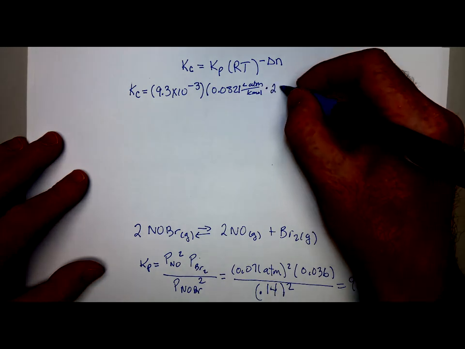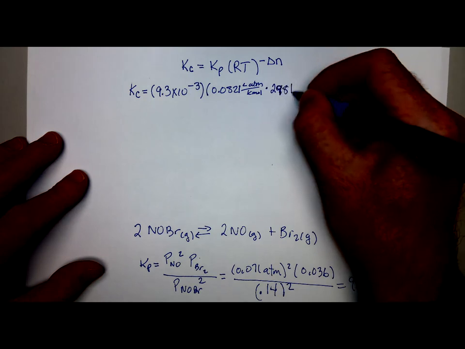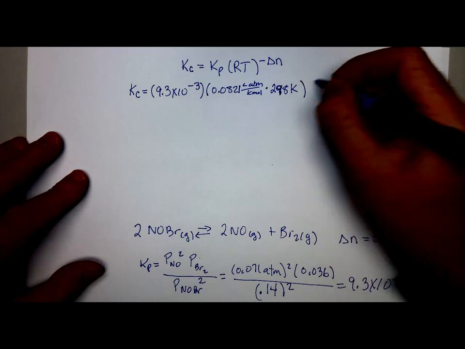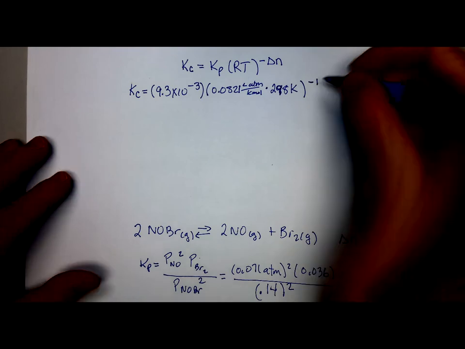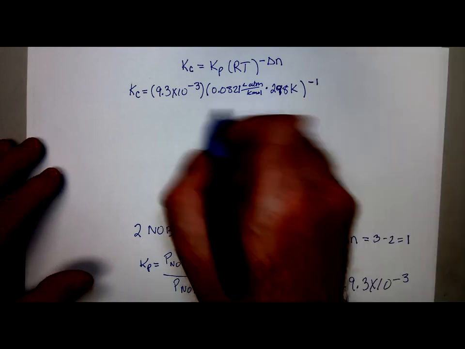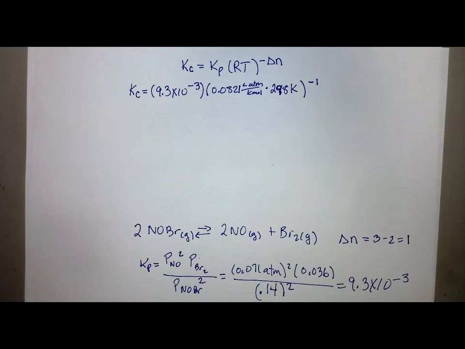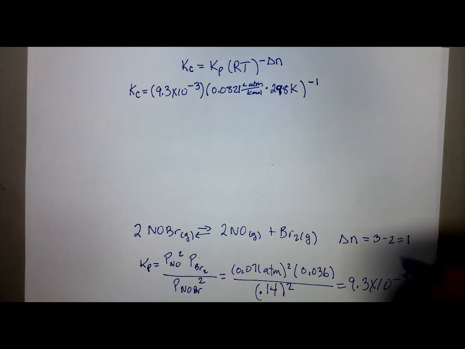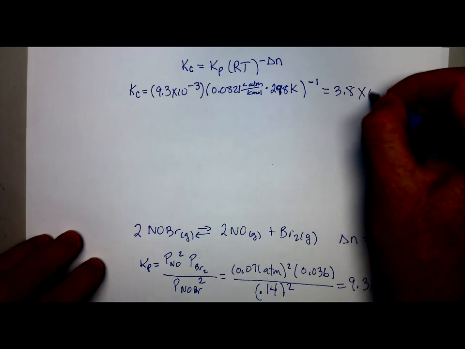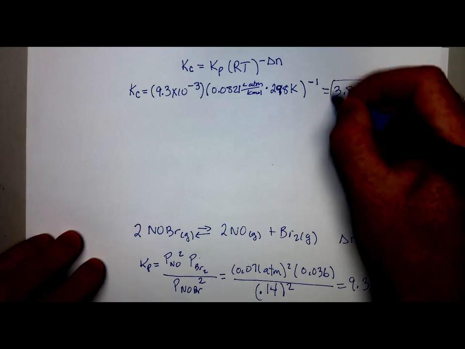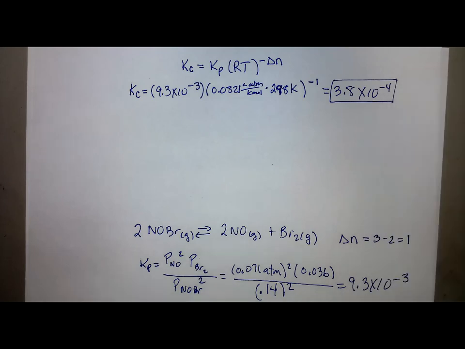And so we'll call that 298 Kelvin. And all that's raised, since it's a negative sign there, to the -1 power, but just what's in parentheses here, not this. And so then you run that through your calculator and you'll get 3.8 times 10 to the -4th power, and that would be your Kc.